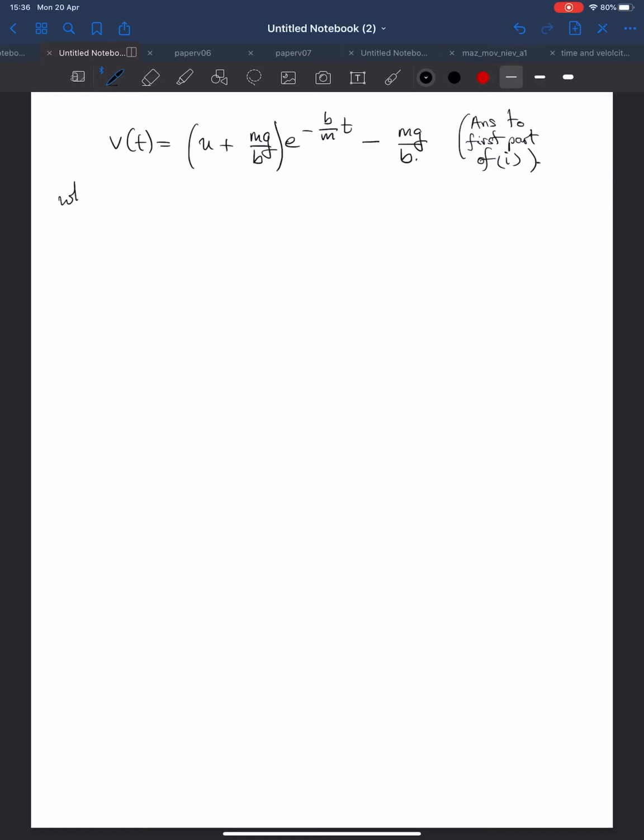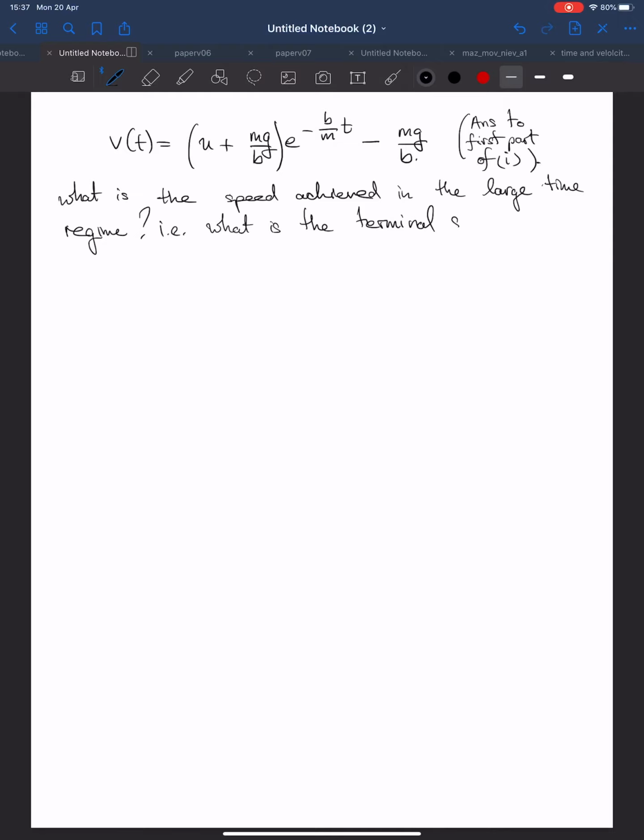Final part, what is the speed achieved in the large time regime, i.e. what is the terminal speed.